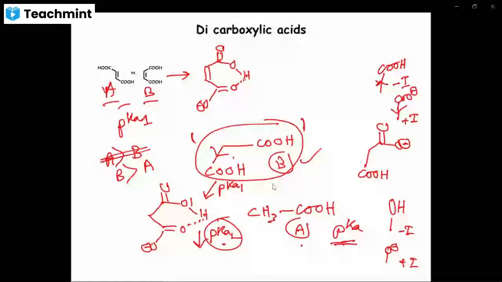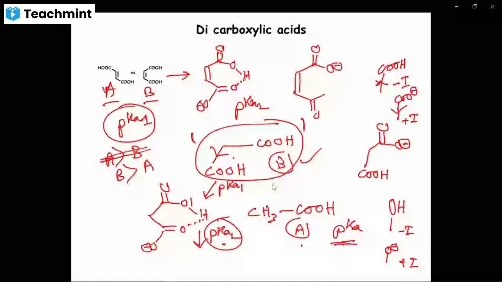But what about pK2? Why? So one reason is that hydrogen bonding is destroyed when we consider the second pK, and the second reason is, yes, still, I'm giving you a clue.